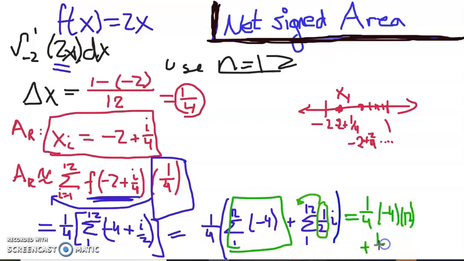Plus 1/4, the constant 1/4 here is still there, times a half, that's this one right here. And then the sum from 1 to 12 of i is n times n plus 1 over 2. So in other words, 12 times 13 over 2.